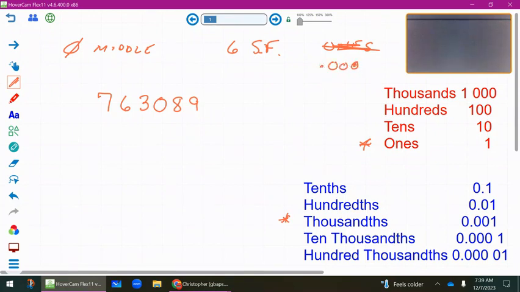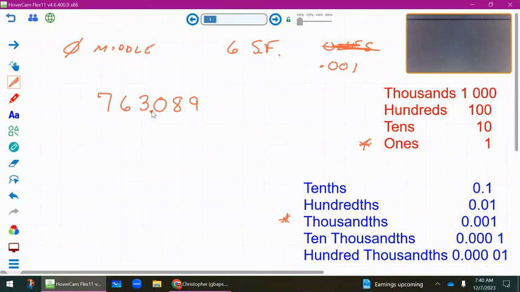Oops, sorry, one too many zeros. All right, so that's 3 places beyond the decimal. What do I do to this number? Move the decimal up 3 places, to between the 3 and the 0. Use the exact same number, but put the decimal between the 3 and the 0.